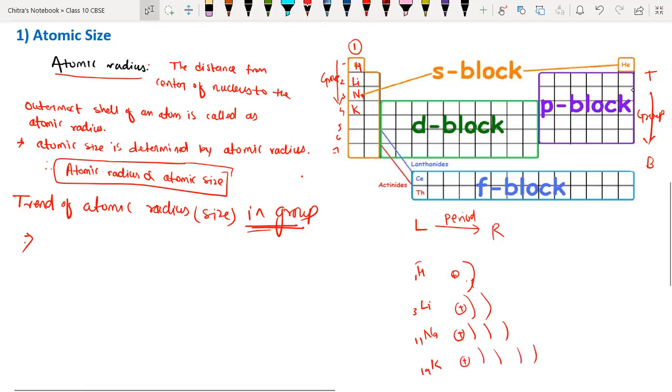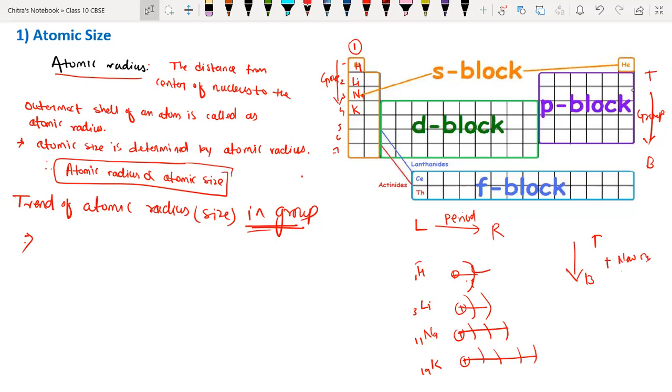So as we move top to bottom, new shells are added each time.